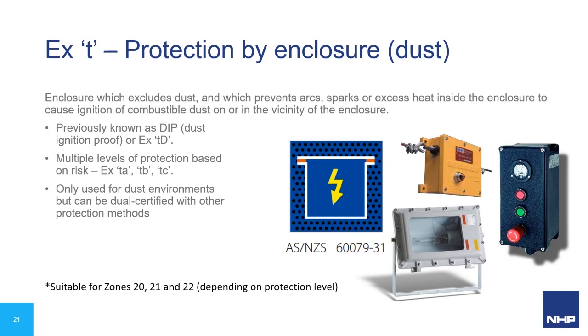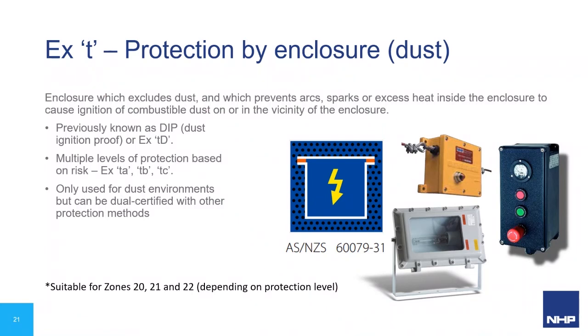The second letter after the EXT in this case is used to indicate the level of protection, with TA again being the highest, good for zone 20, TB second highest for zone 21, and TC for zone 22. Now, TB is what you most commonly find out in the market, so it's good for zones 21 and 22.